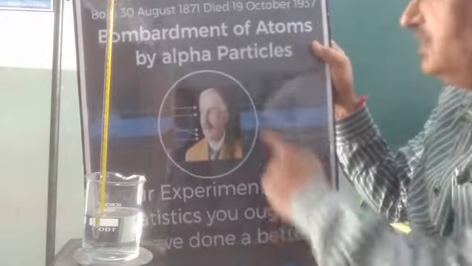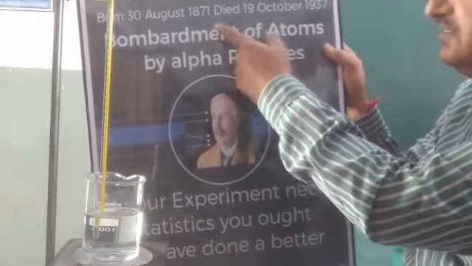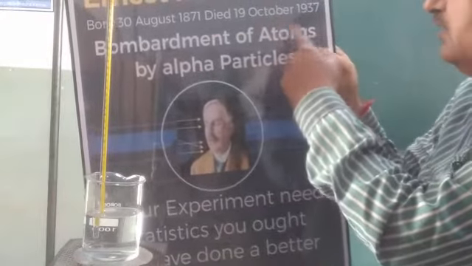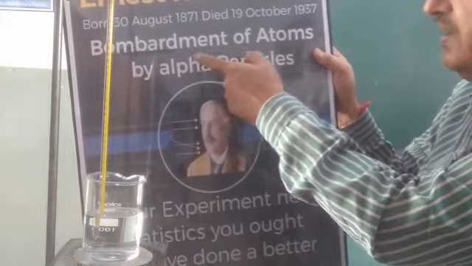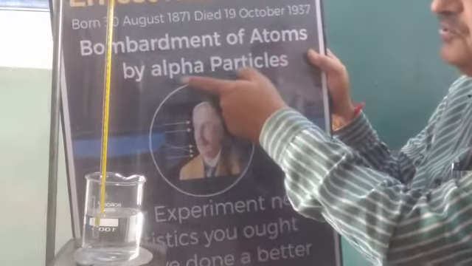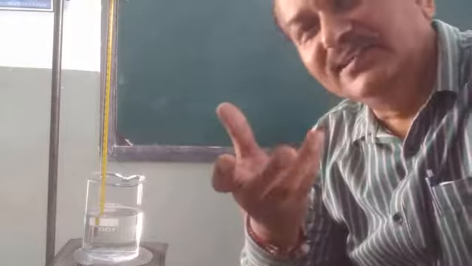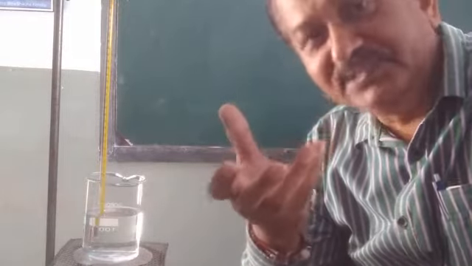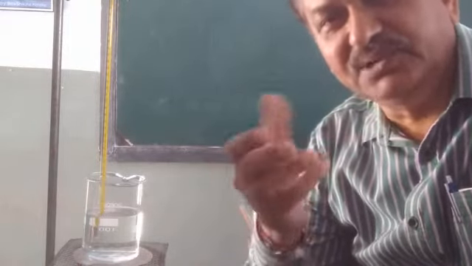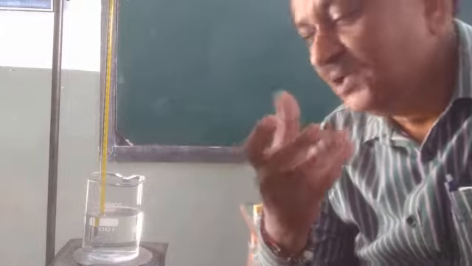This is the portrait, born on 30th August 1871, died on 19th October 1937, and bombardment of atoms by alpha particles. So this is about the scattering experiment. So this is there to have the complete information. When you are doing some experiments, you must have the complete knowledge.